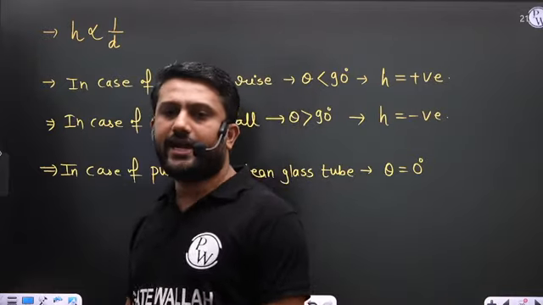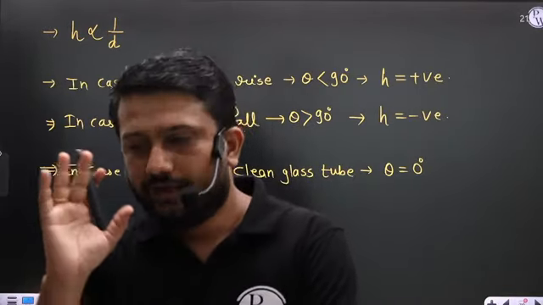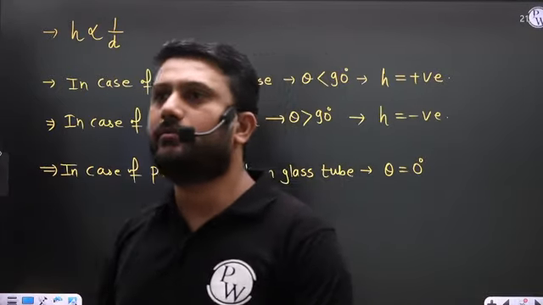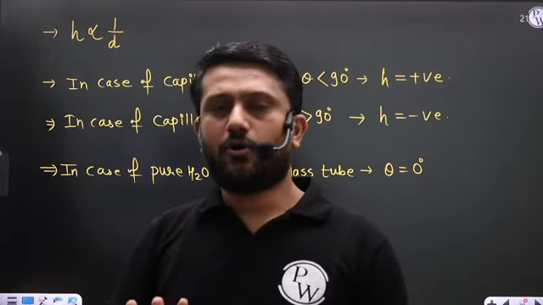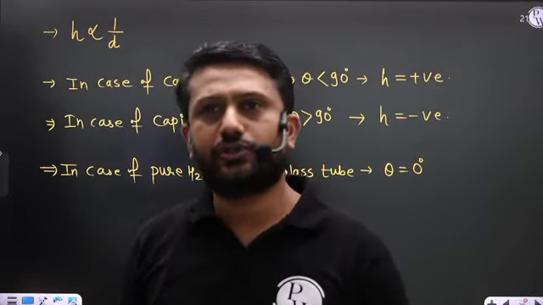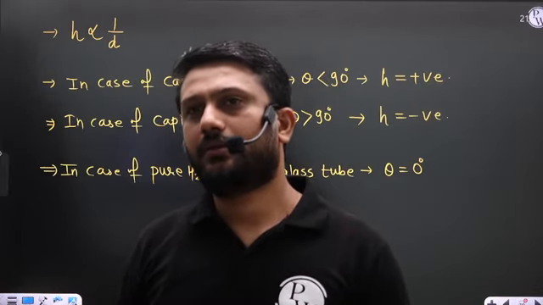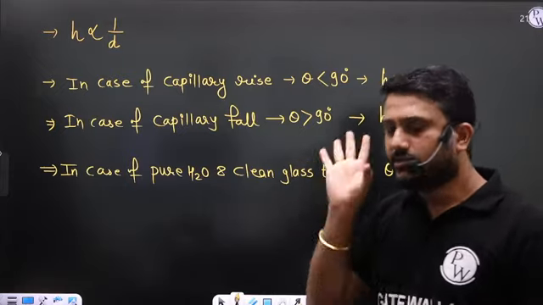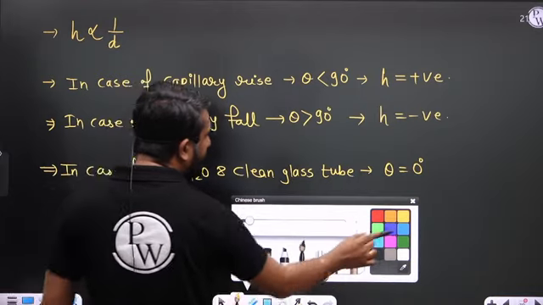So whenever you get a problem where water is mentioned and theta is not given, especially in engineering services problems, (in GATE problems, theta value is given), if theta value is not given in case of water, then assume that theta is equal to 0 degree. Assume that water is pure water and your glass tube is a clean glass tube. So in case of pure water and clean glass tube, the theta value is 0 degree.